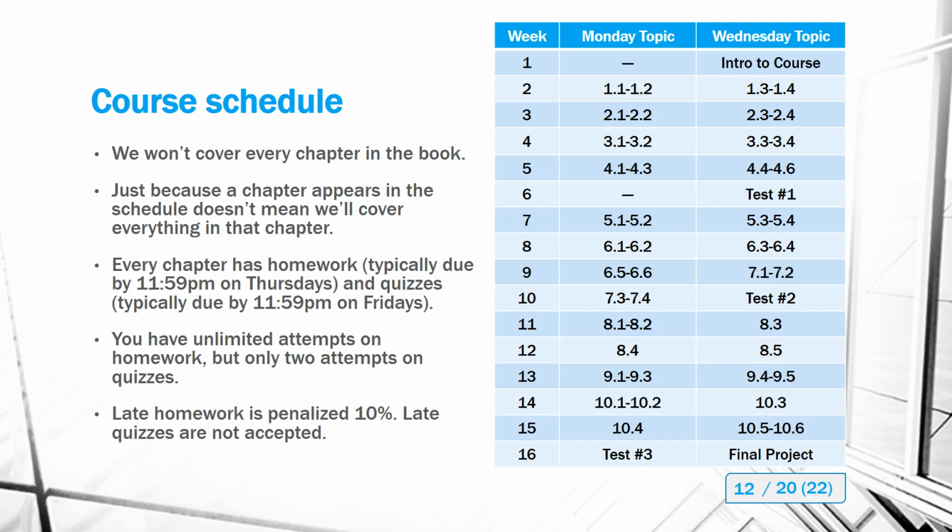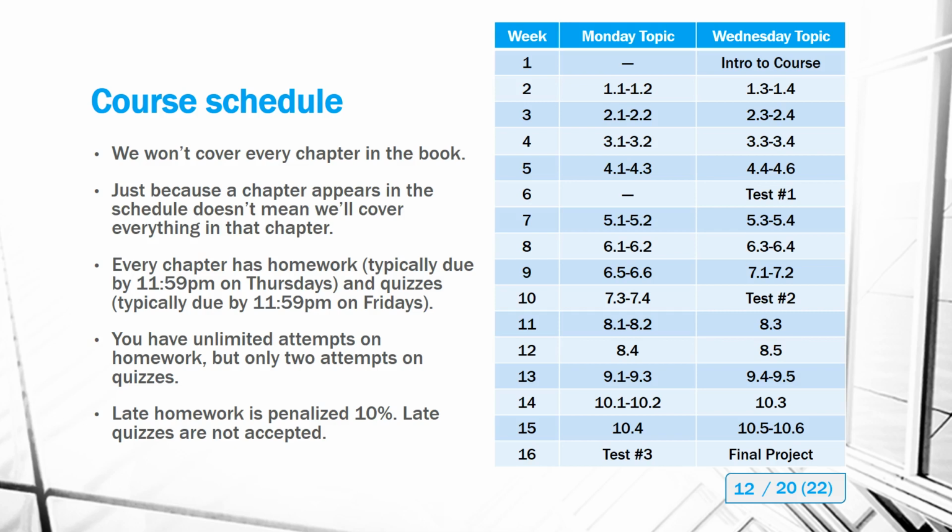So, if we ran through the normal schedule, then the homework for 7.3 and 7.4 would be due on Thursday after the test, and the quiz for Chapter 7 would be due after the test. And what we really want is to be done with homework and quizzes before we take the test, because these activities help to prepare us for the test.